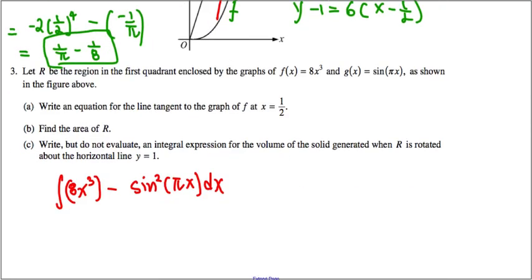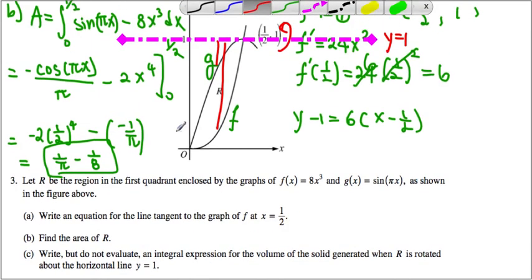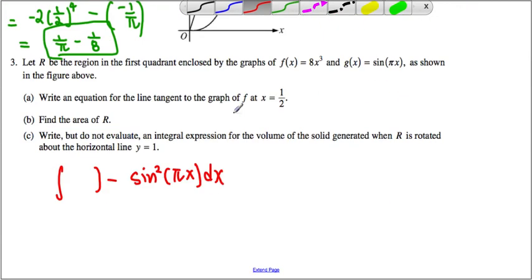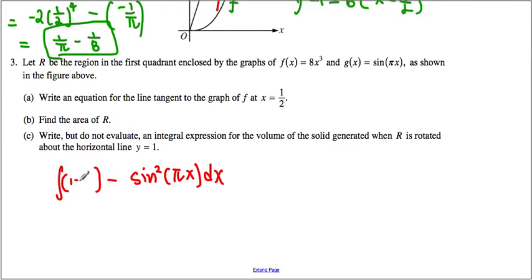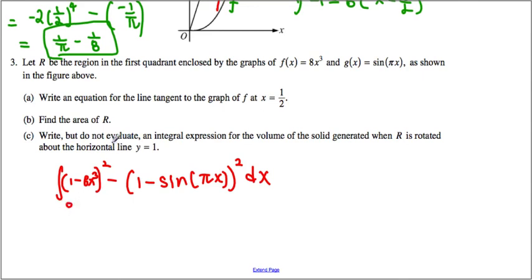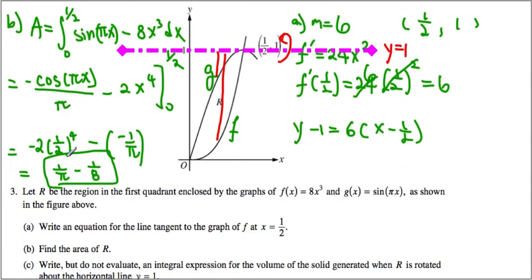So instead of 8x cubed, it would be the difference between those two, 1 minus 8x cubed, squared, minus 1 minus sine of pi x, squared, dx, which goes from 0 through pi over 2.